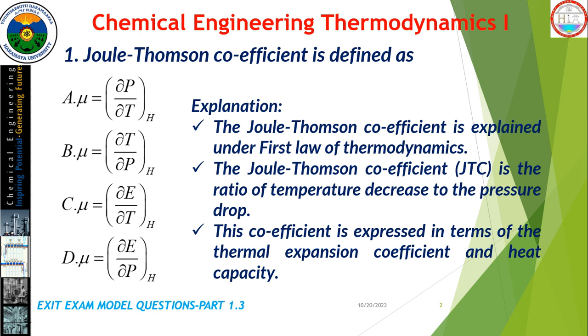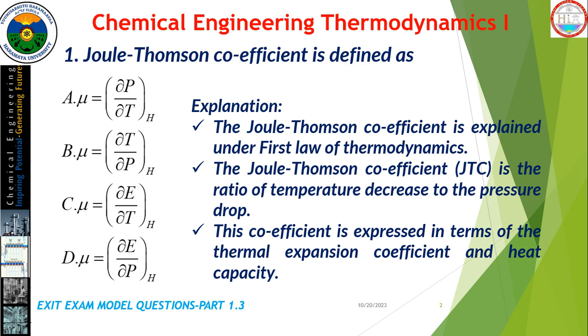The Joule-Thomson coefficient is explained under the first law of thermodynamics. Actually, the first law of thermodynamics deals with the conservation of energy. The Joule-Thomson coefficient indicates the ratio of temperature decrease to the pressure drop.